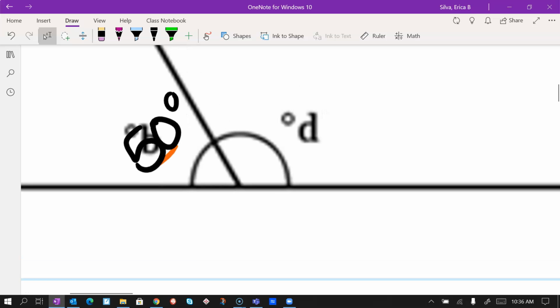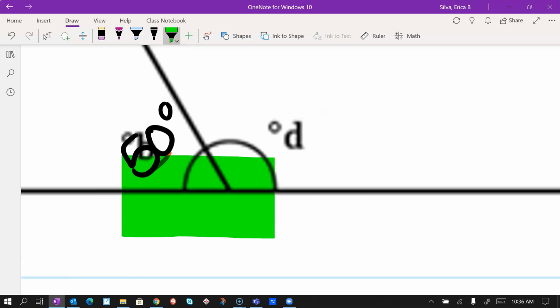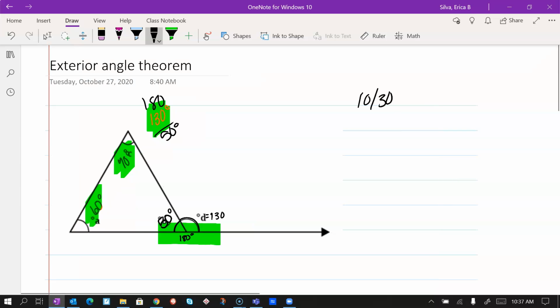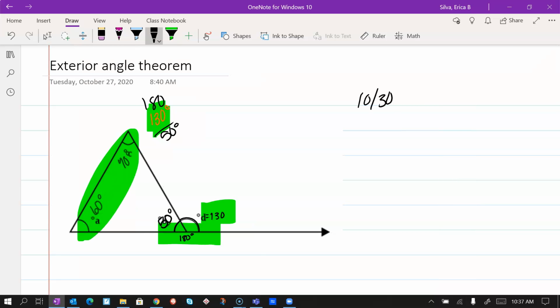Now, if we look at these two angles, we have a straight line, and a straight line is equal to what? 180. This one's 50. So what does that mean about angle D? It's 130. And again, it's the exact same when we add these two.